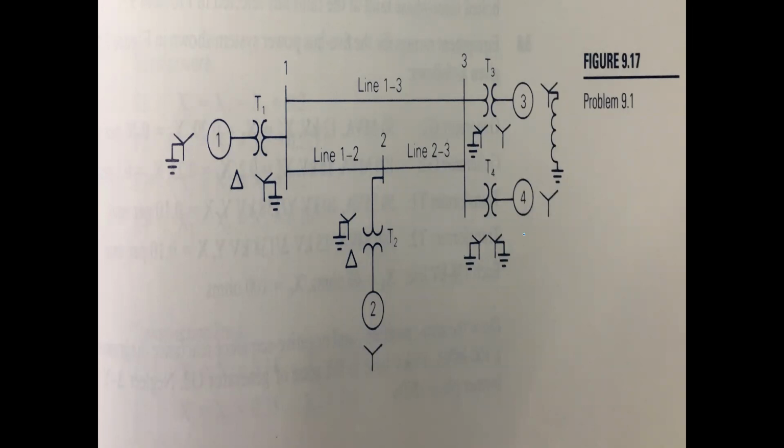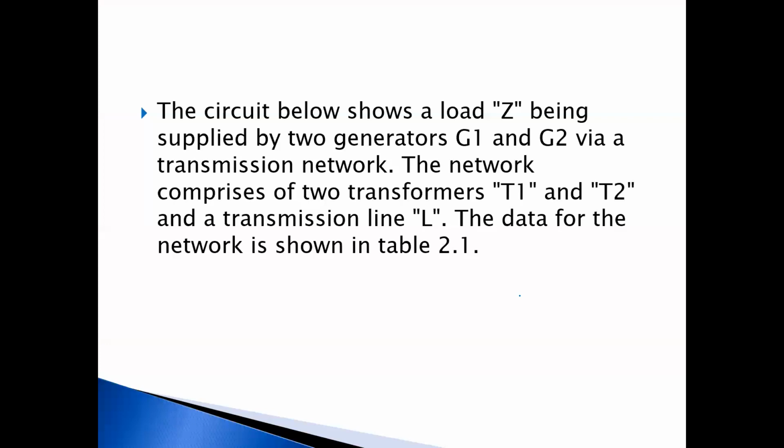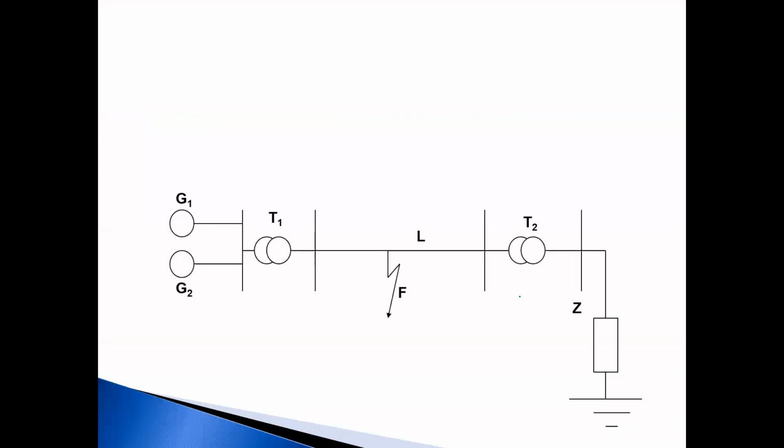All right, so I'll come back to this one just to explain what we were saying earlier. But for the question that we're going to go through, this is a circuit.